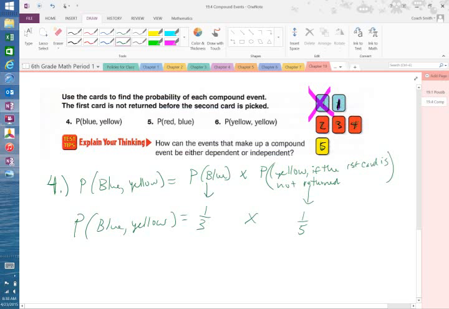And you multiply those two things together. And when you multiply those two things together, you get a probability of what? 1/15. Okay?